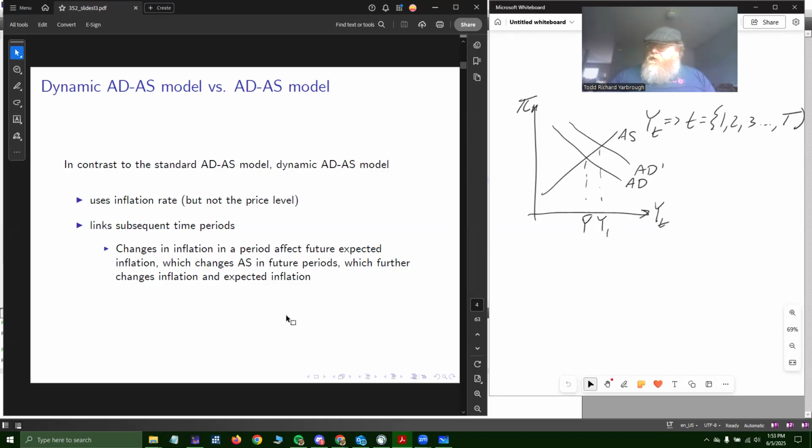Right now we have a positive output gap. This positive output gap, as we talked about in the previous period, is going to increase expected inflation. The difference in the dynamic model is that we build the Phillips curve into the aggregate supply such that the expected inflation is also going to shift aggregate supply.